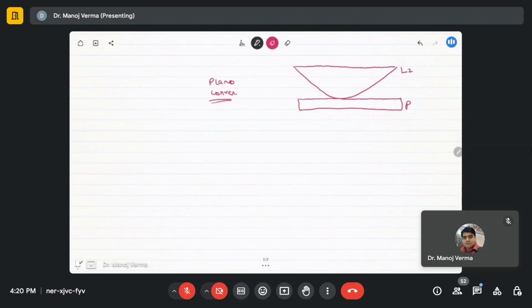Now the convex surface of this lens is making a contact with the plate at a single point.